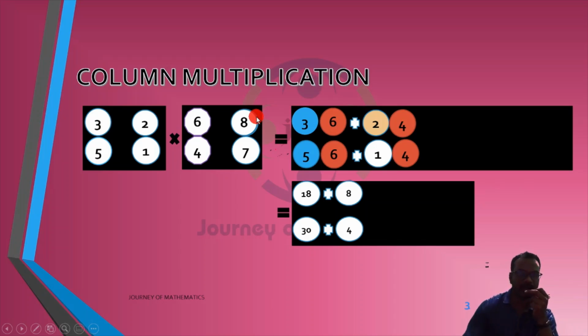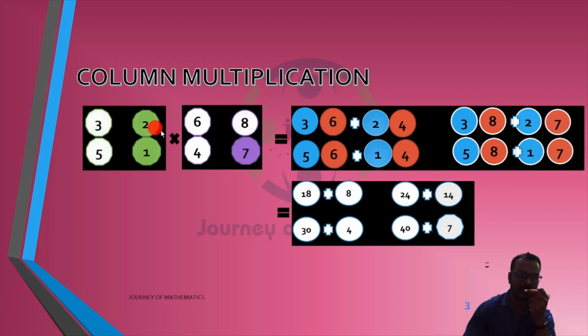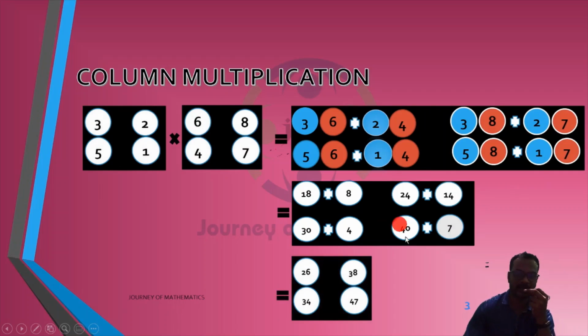So the first column is multiplied with 8. That means 3 into 8, 5 into 8. Next, multiply the second column elements with 7. Take the plus in between. So the result is this much.